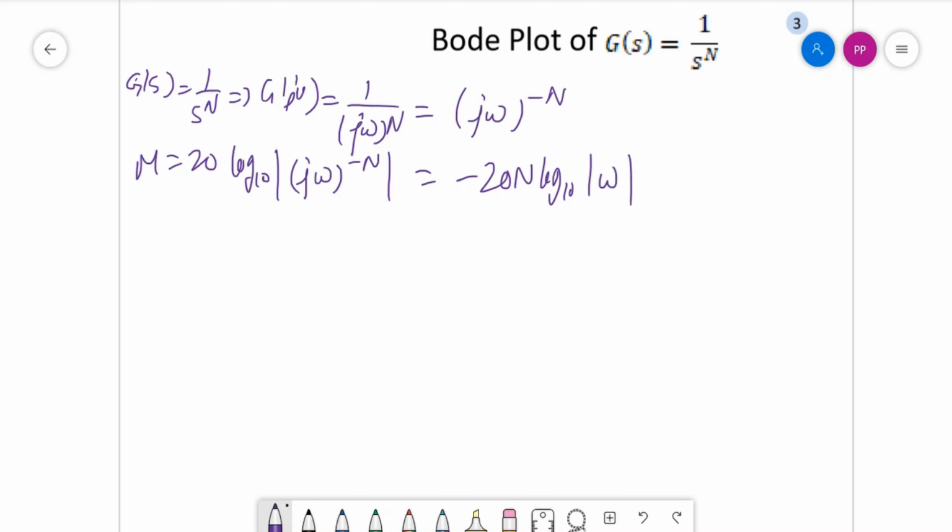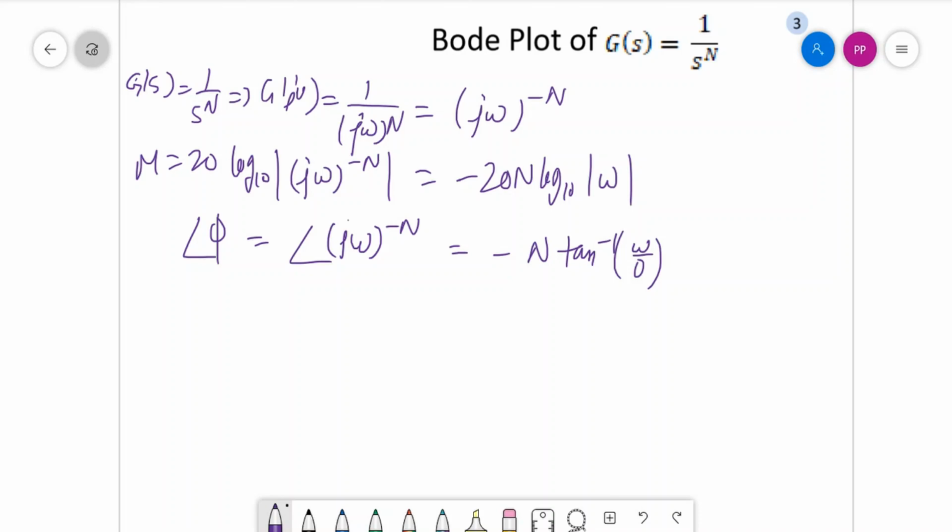This is the magnitude, and for phase we get the angle of (jω) to the power minus n. This is equal to minus n tan inverse of ω divided by 0, which equals minus n into 90 degrees, equals minus 90n.